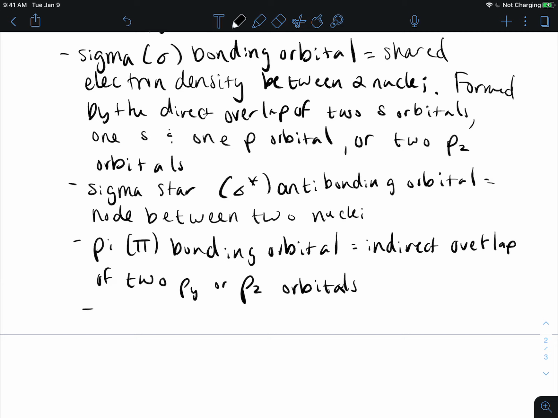And if we have a bonding orbital, we have to have an anti-bonding orbital. So we have our pi star. That's the anti-bonding orbital, so it produces a node.